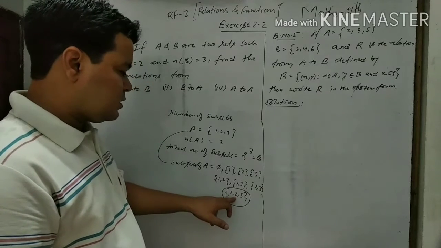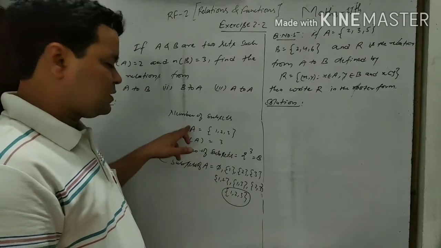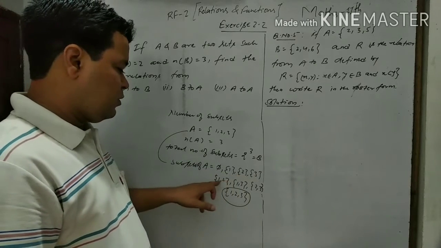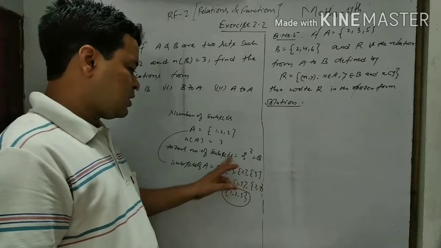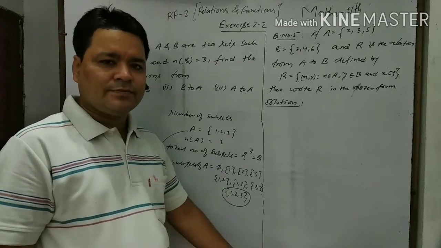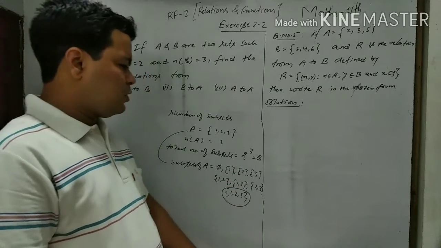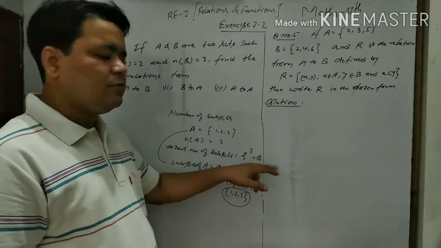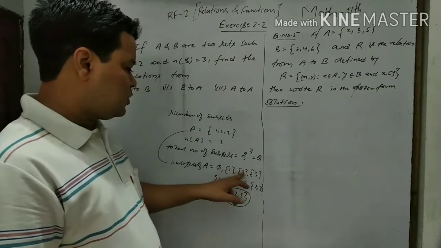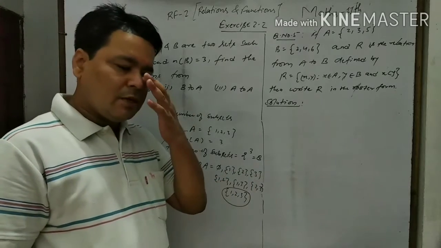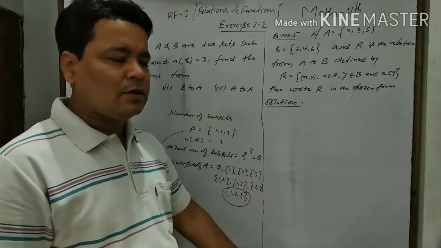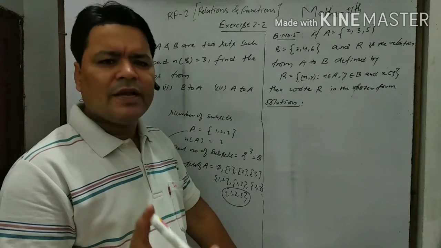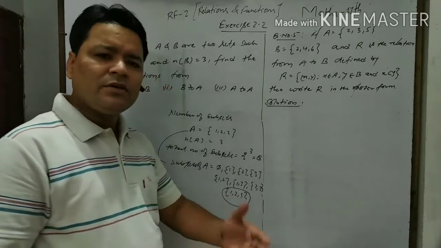Therefore this is the improper subset of set A. But the empty set, {1}, {2}, {3}, {1, 2}, {1, 3}, and {2, 3} are called proper subsets. Therefore the number of proper subsets is equal to 2 raised to the power 3 minus 1, that will be 7. There is only one improper subset for any particular set, that is the set itself.